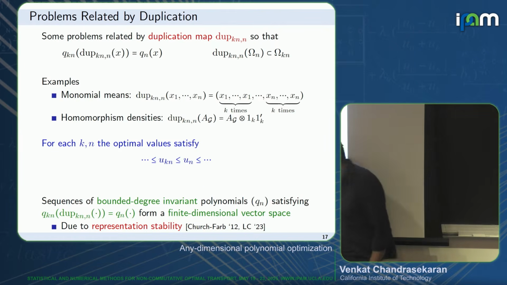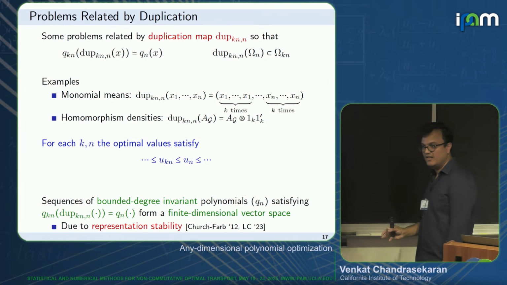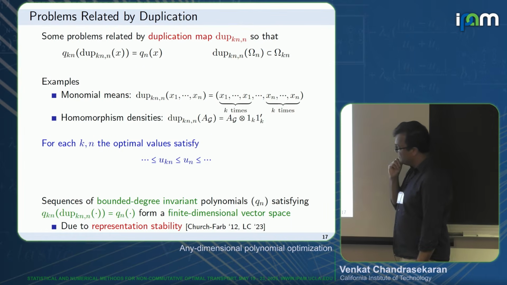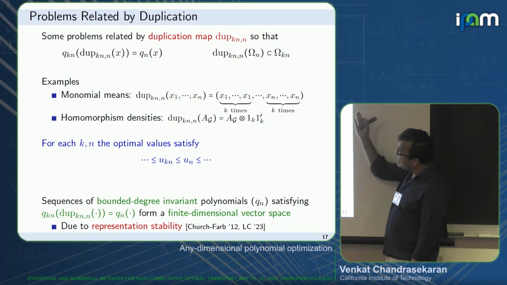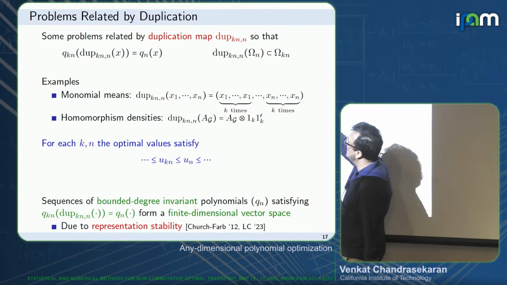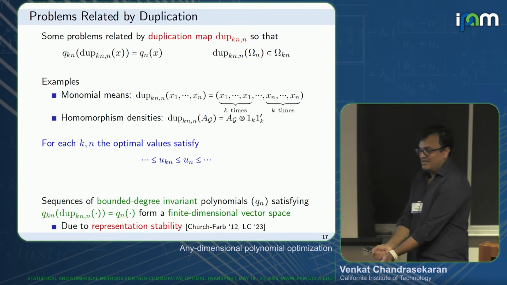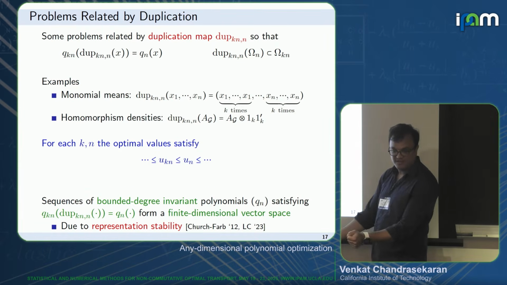This is a phenomenon that was recently discovered, recently meaning I think circa 2010 to 2012, and it's been explored in the pure math literature since then. And this tells you that if you have any-dimensional POPs where the objective satisfies this relation across dimensions, you can finitely specify it. Because you have a finite dimensional vector space, you can write down a basis for that vector space, and you're done.